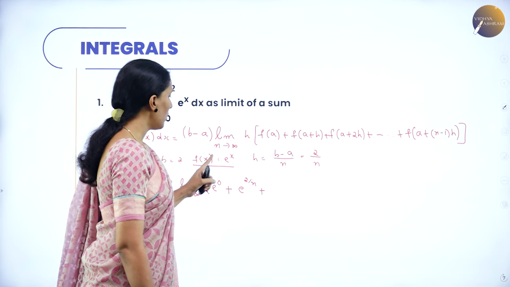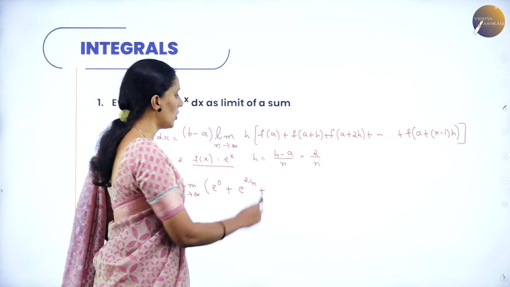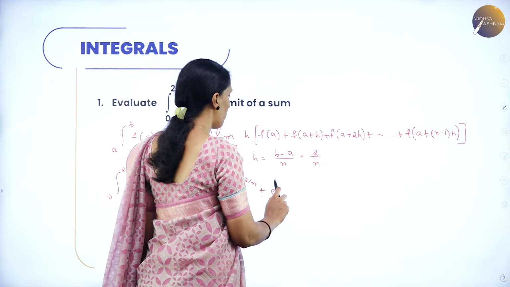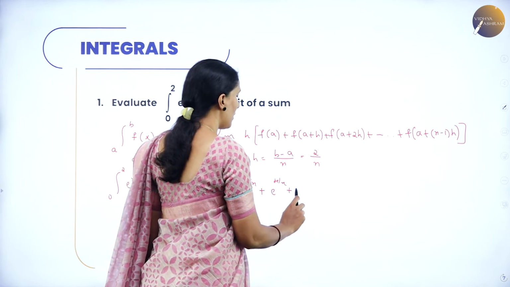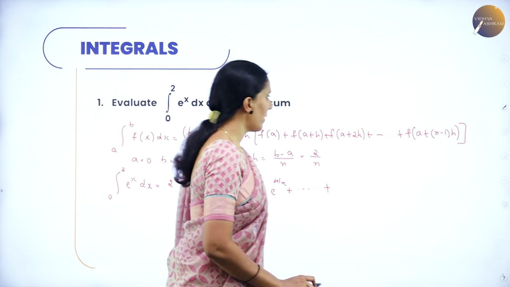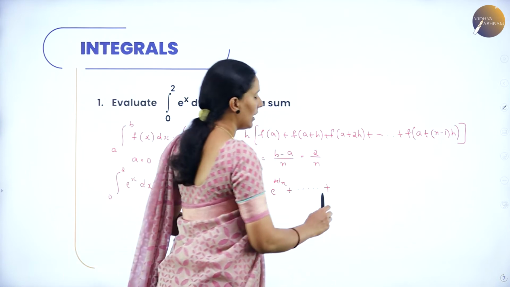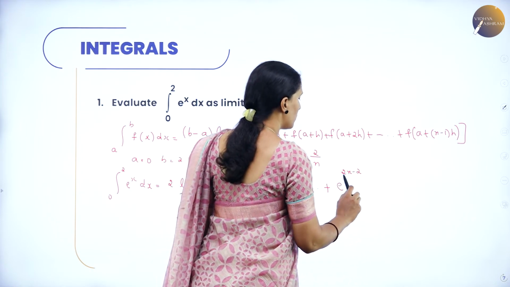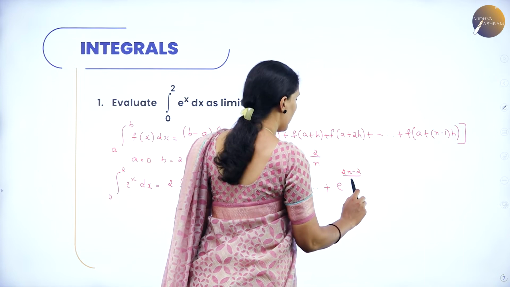If you write this as e power x, 2h is 2 into 2 by n, which becomes 4 by n. And it goes on until n minus 1 times h. So therefore, the last term becomes e power (2n minus 2) divided by n.